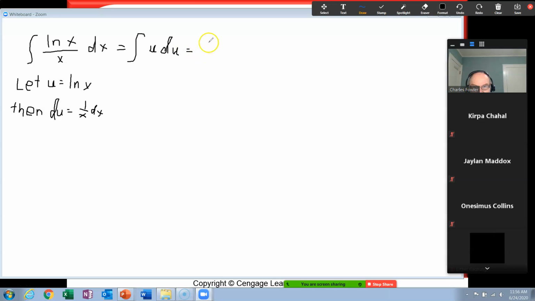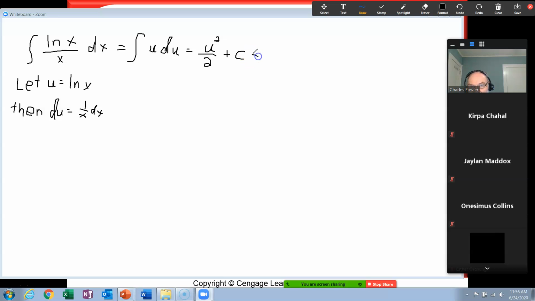What would that be? Increase the exponent by 1. Right now it's a 1. Increase by 1, it becomes a 2. But then you divide by that new exponent. Divided by 2. And now we put in our plus c. Forgot to do it last time. I'll put it in the right place this time.